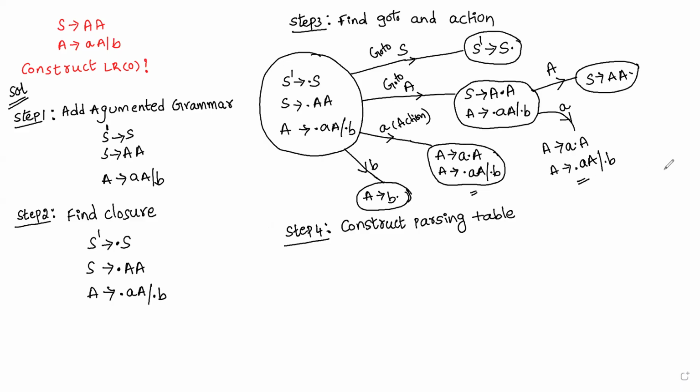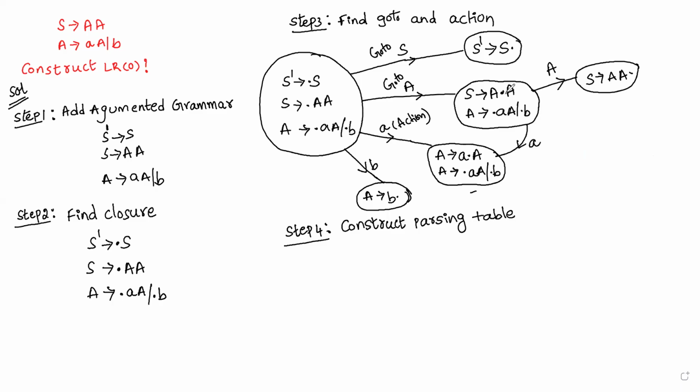So now I am going to make a connection between here and there. This is similar to this one. So now I am going to make a connection between these two. This is called finding the action value of small a. So now I can make the connection between here and here because of this small a.